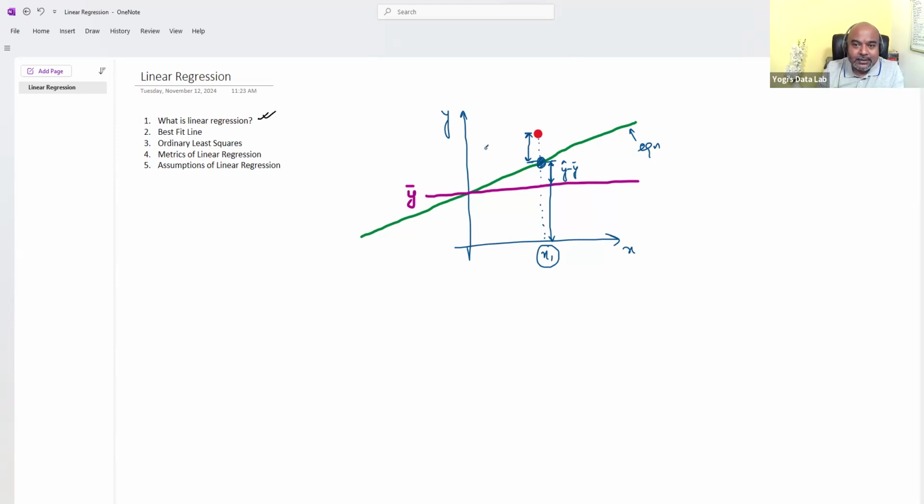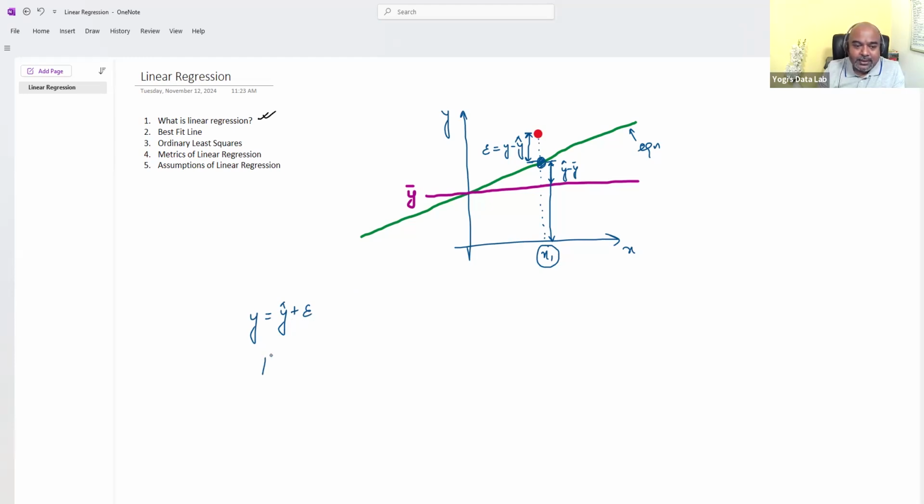So this is known as epsilon, which is given by y minus y cap, which means the actual value minus the predicted value. So I can say that y is equal to y cap plus epsilon, which is the actual is equal to the predicted plus the errors.